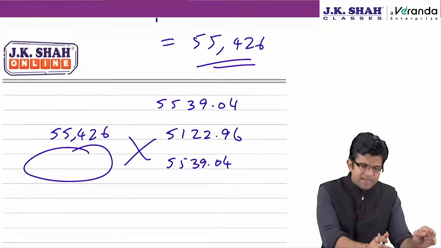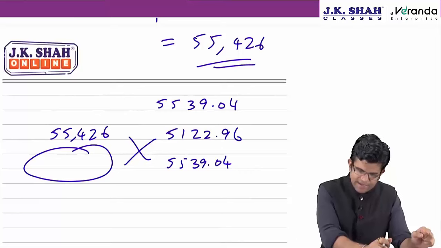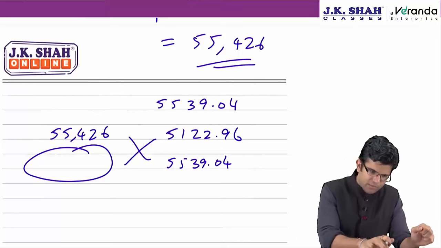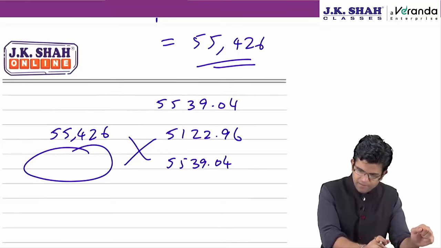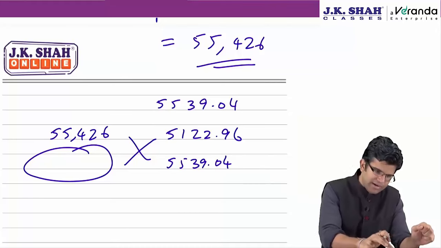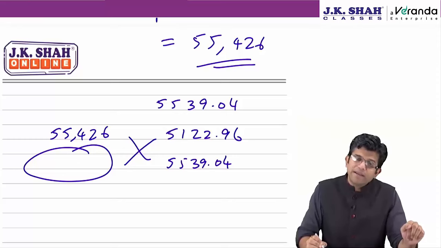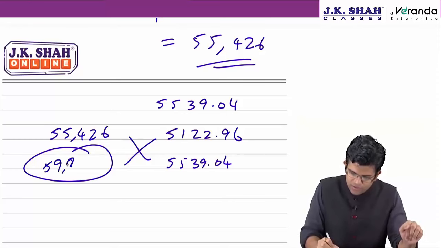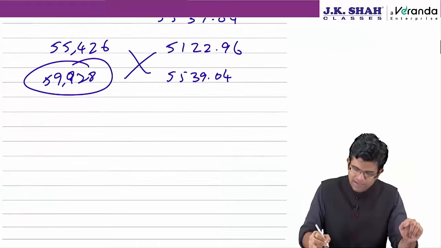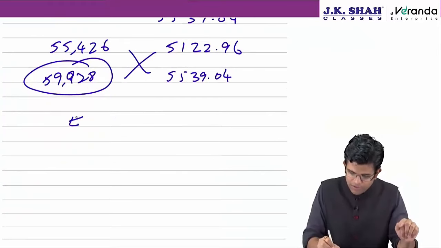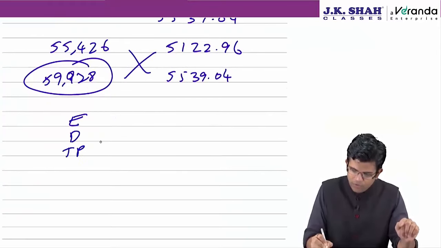Can we start? Yes, 55,426 into 5539.04 divided by 5122.96 will give me 59,928. Now let's see how the portfolio appears. Your equity component, debt component, total portfolio.